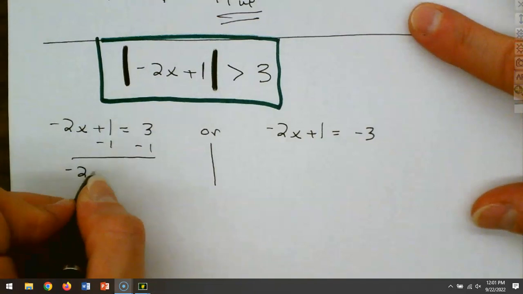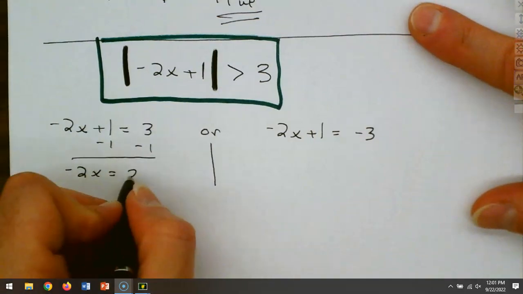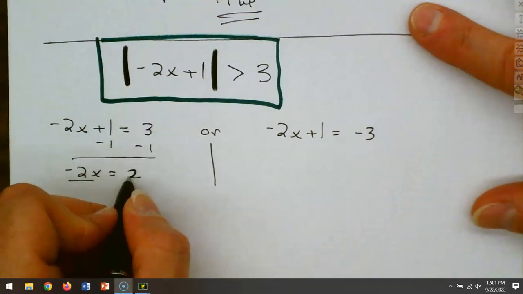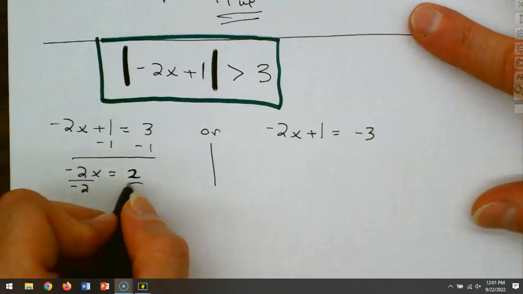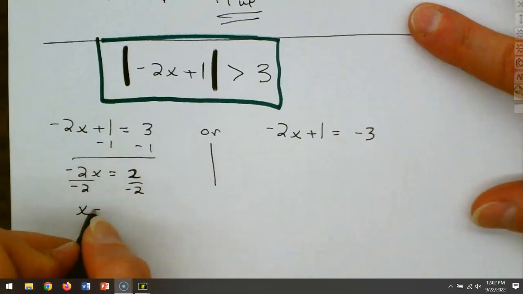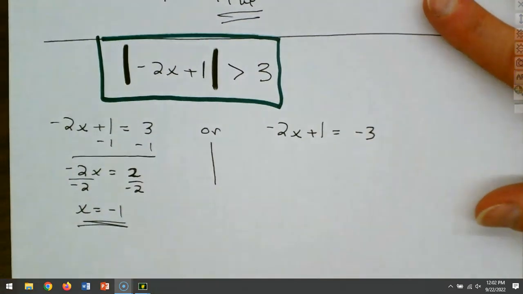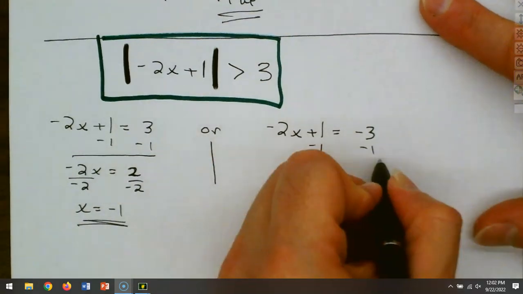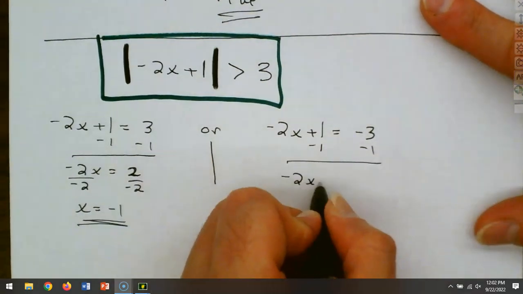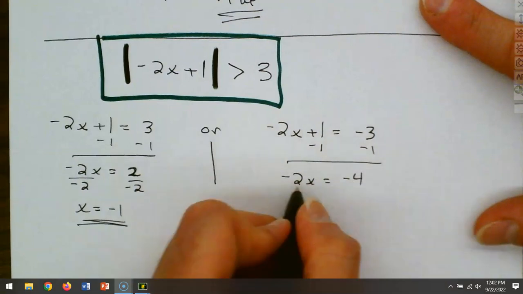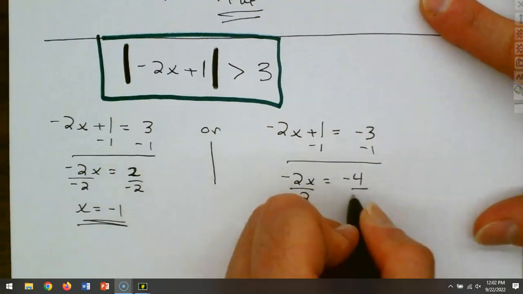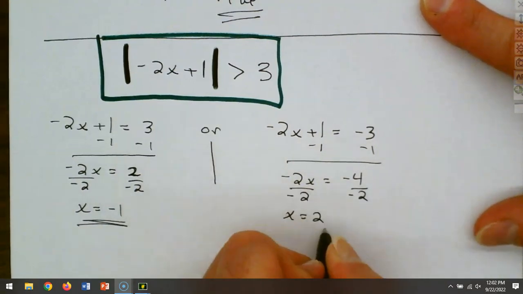So minus 2x equals now 2. Divide by your negative 2. And that gives you x now equals negative 1. Other side is just as easy. The 1 over. Minus 2x now equals minus 4. Divide by your negative 2. And x now equals 2.